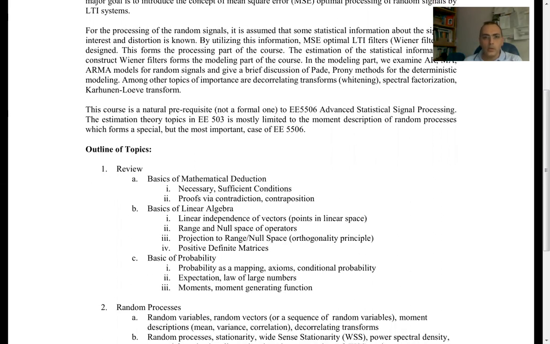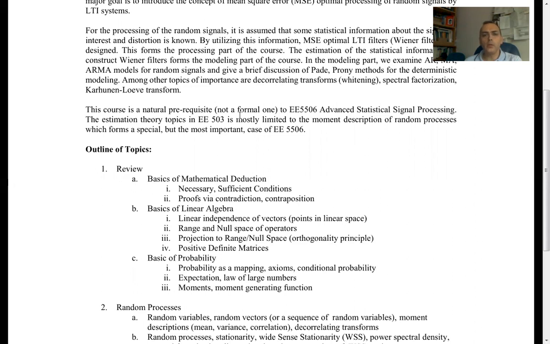If you are a signal processing major, you may take the following course after this one, which has the course code EE 5506, Advanced Statistical Signal Processing. There are no prerequisites for graduate courses, but our course, EE 503, is a natural prerequisite to this one.